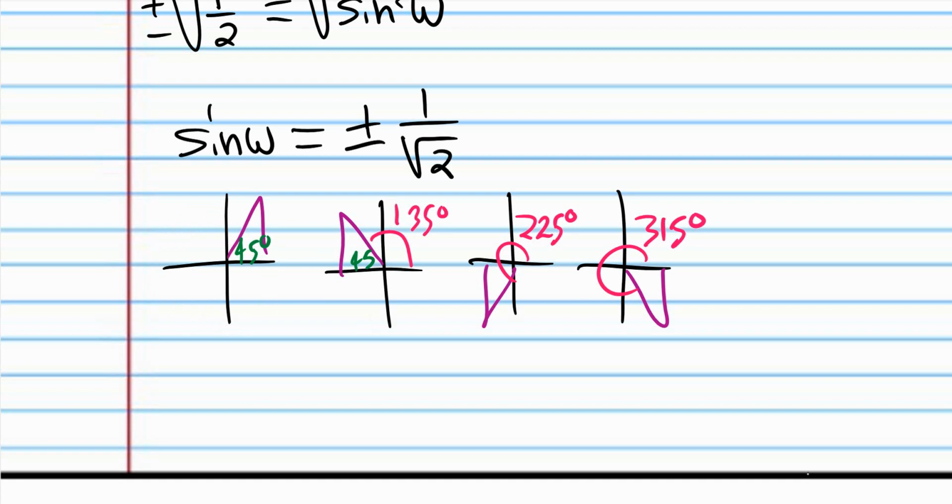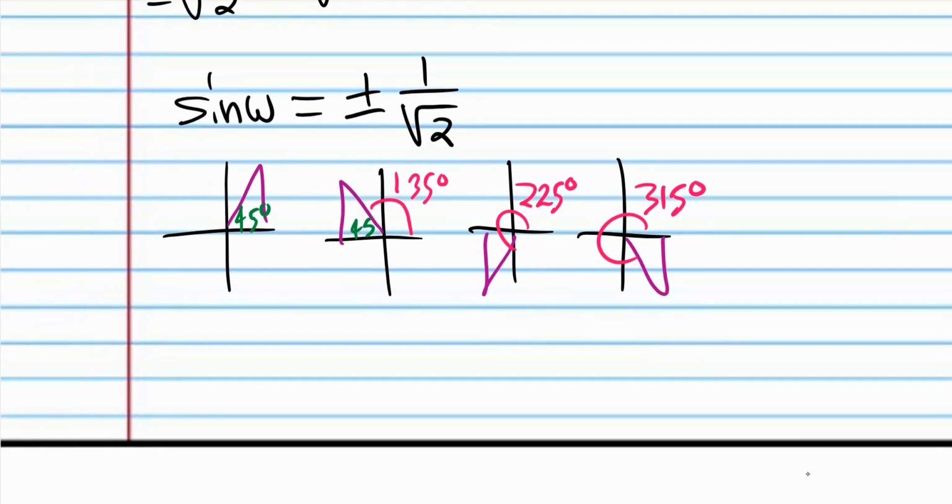Start with 135, add multiples of 360, and you get the second quadrant solutions. Start with 225 and keep adding 360, and you get the third quadrant solutions, and so on and so forth. So you could use 4 equations, and that's okay, that's fine.